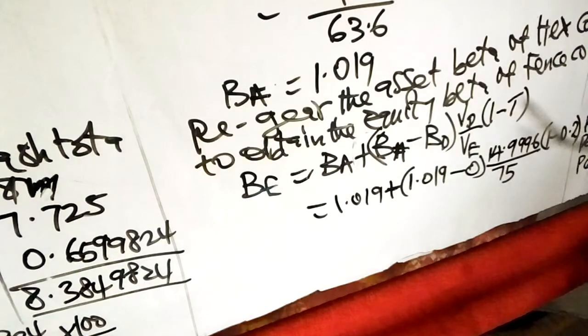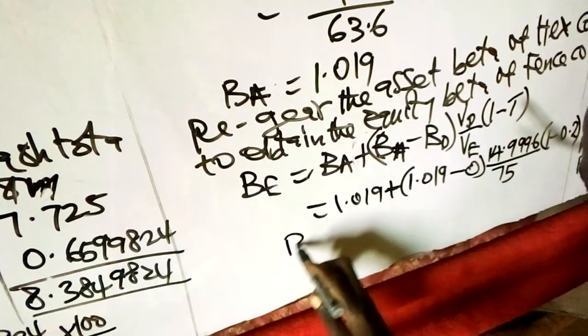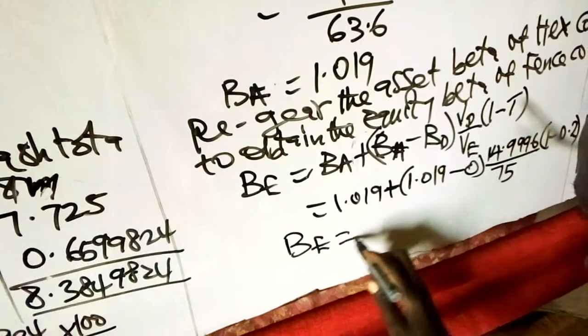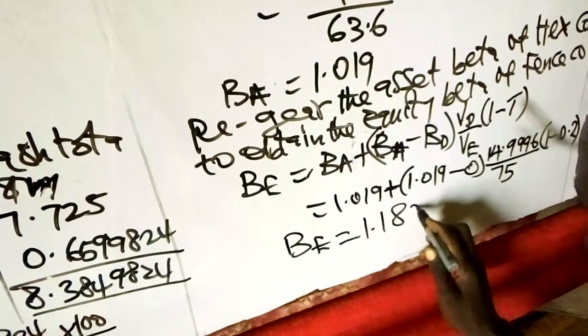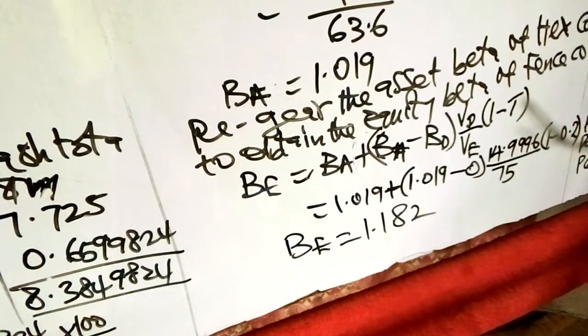So when you add 1.019, everything will give you 1.182. So the beta of equity is 1.182. That is for FENSCO.